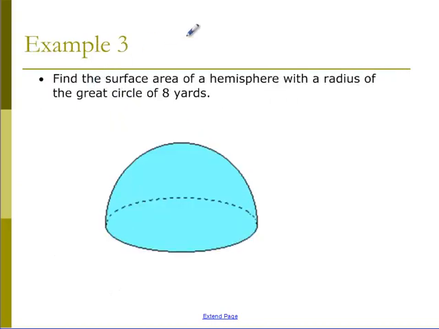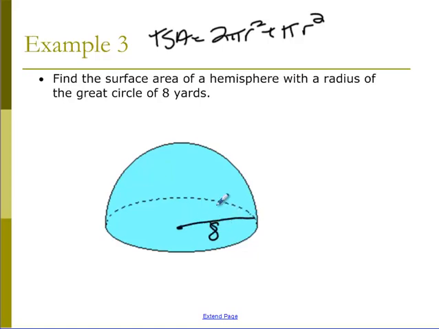So, total surface area of a hemisphere. I'm going to do it this way, 2 pi r squared plus pi r squared. I'm going to think of it as lateral area plus a base. The great circle has a radius of 8 yards. So we got 8 right here. So 2 pi 8 squared plus pi 8 squared.